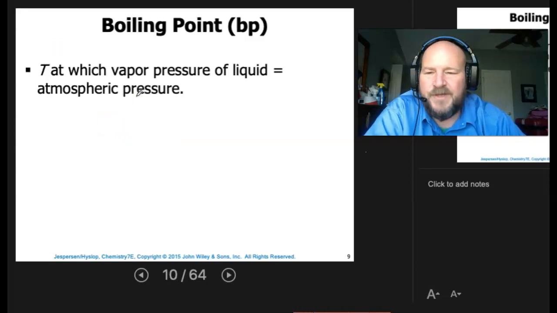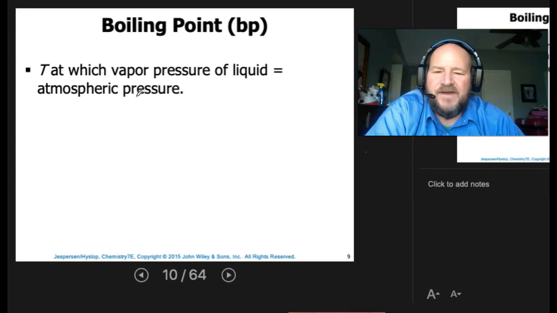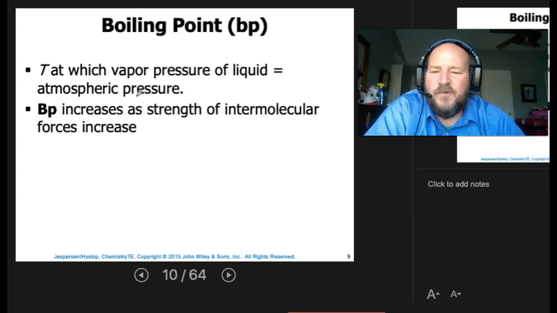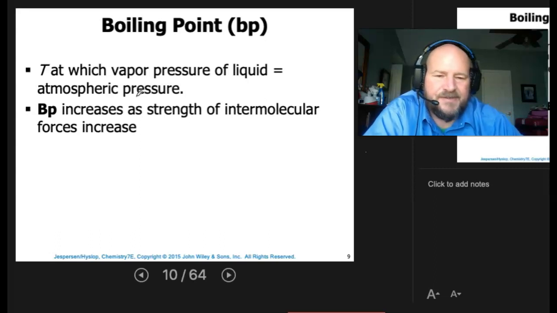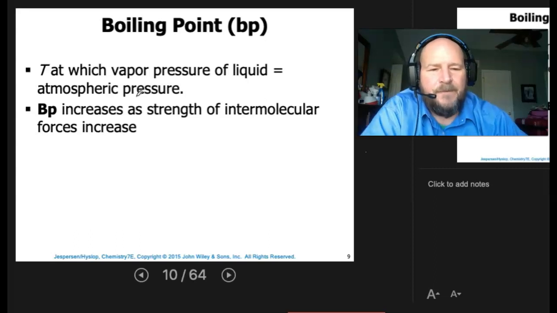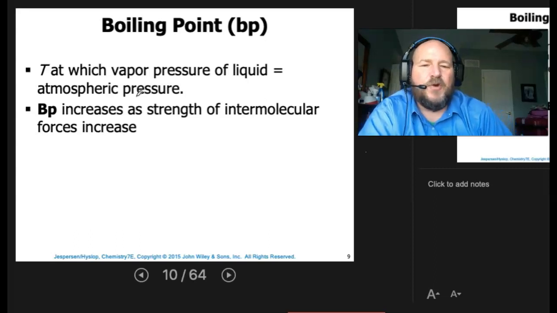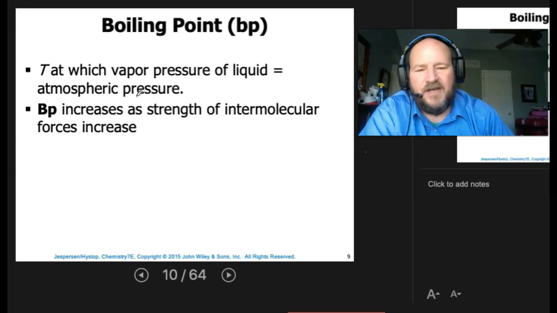Now for boiling points, this is the temperature at which the vapor pressure of the liquid is equal to the atmospheric pressure. The boiling point will increase as the strength of intermolecular forces increases. When we think about water and look at its molecular weight, its boiling point is quite high in comparison to other materials with the same molecular weight.